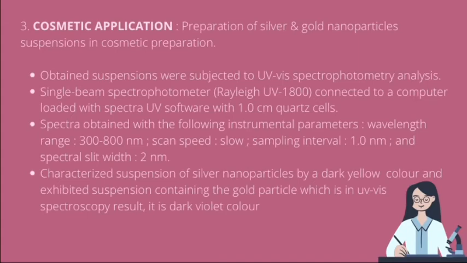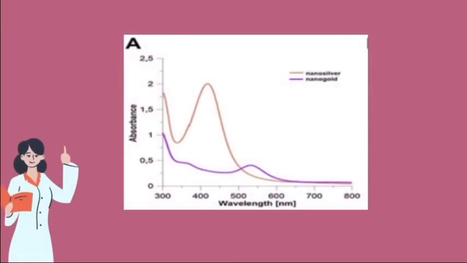The spectra were obtained with the following instrumental parameters as shown in the slide. The suspension of silver nanoparticles is characterized by a dark yellow color, and the suspension containing gold particles in the UV-VIS spectroscopy result is dark violet in color. Here is the result of UV-VIS spectroscopy for nanosilver and nanogold suspensions diluted to 20 mg per kg.